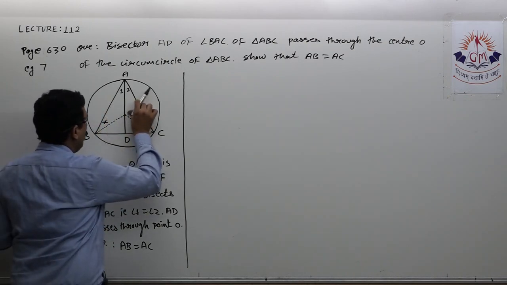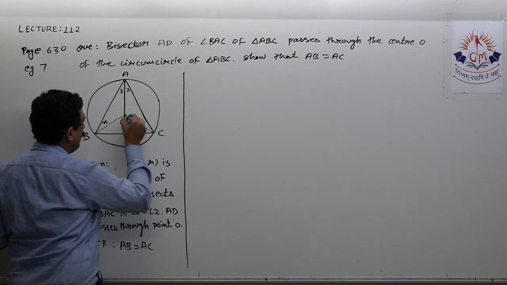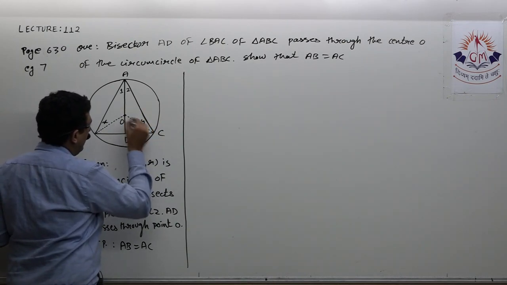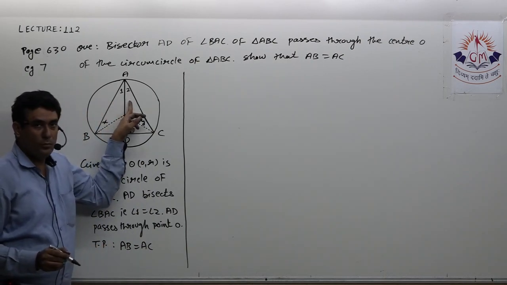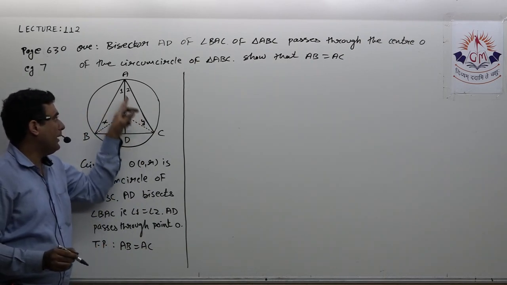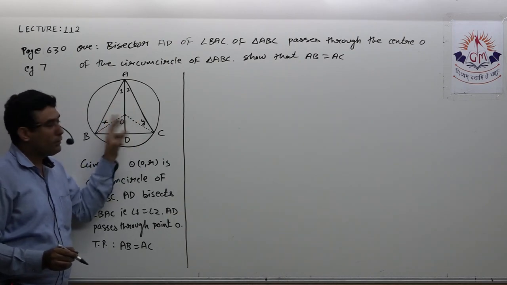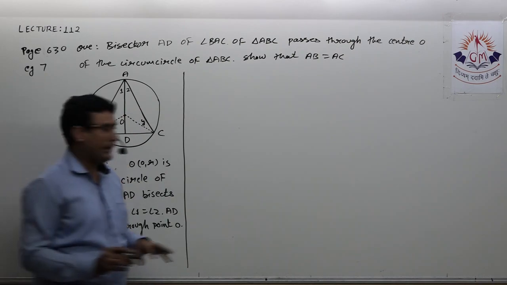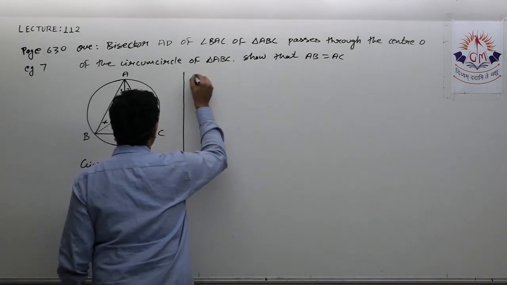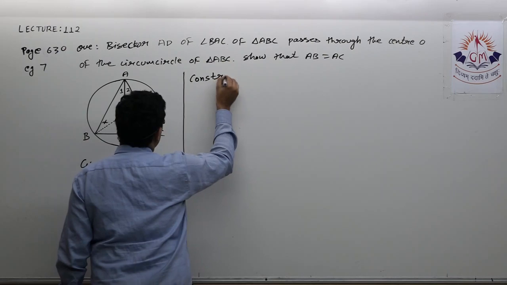Similarly, in triangle AOC, if I say this angle is Y, then Y is equal to angle 2. Now 1 is equal to 2, X equal to 1, Y equal to 2, so X equal to Y. Now I will come to these two triangles, and by angle side I can say triangles are congruent. So a small construction is required.